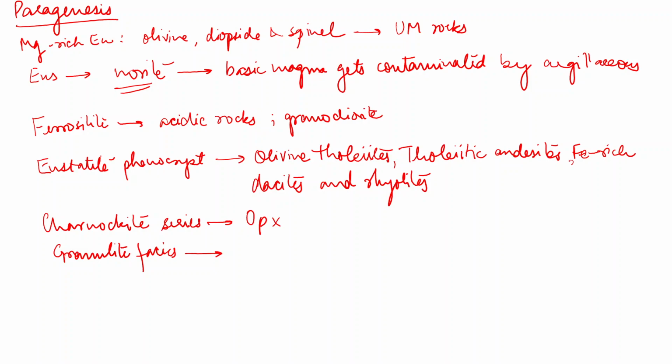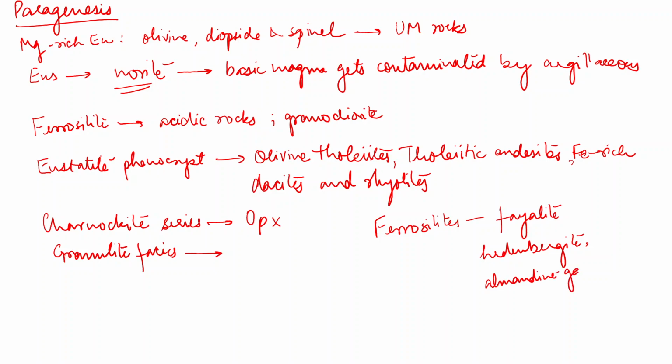On the other hand, the ferrosilites are commonly associated with fayalite. Remember what is fayalite? It's an iron-bearing olivine. So fayalite. Then they are also associated with hedenbergite, then almandine garnet, spessartine garnet.